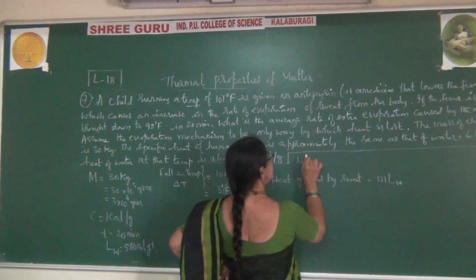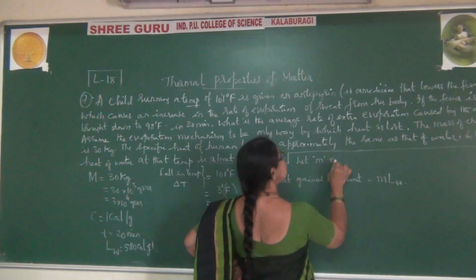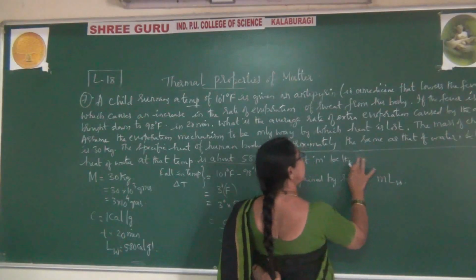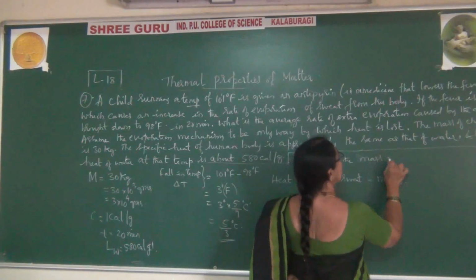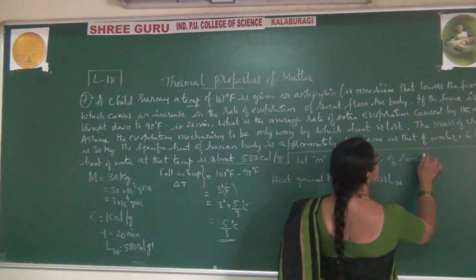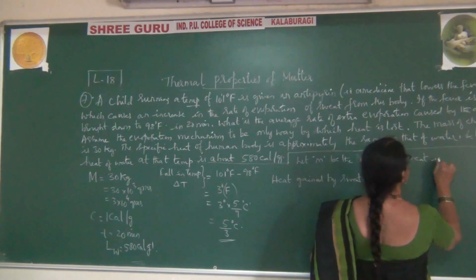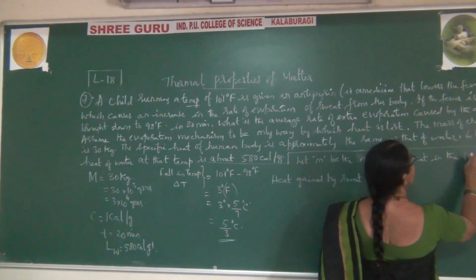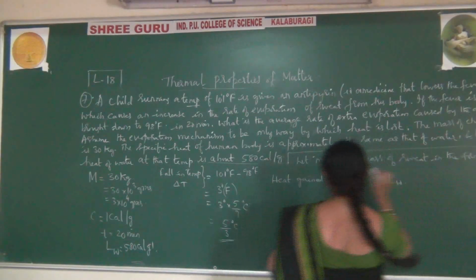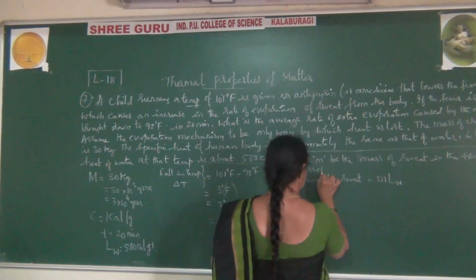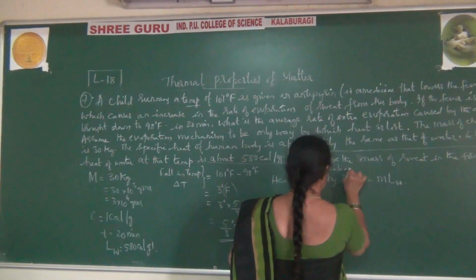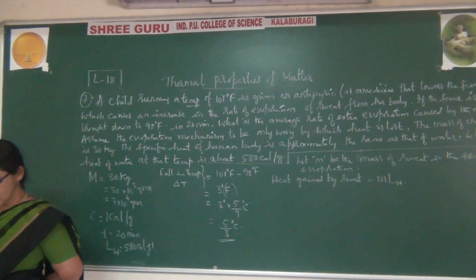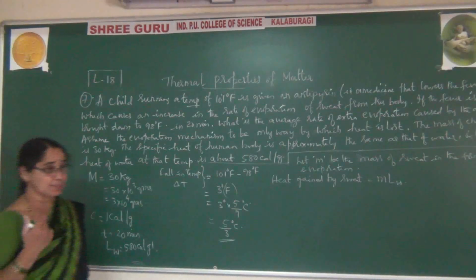So let M be the mass of sweat in the form of evaporation from the child's body.